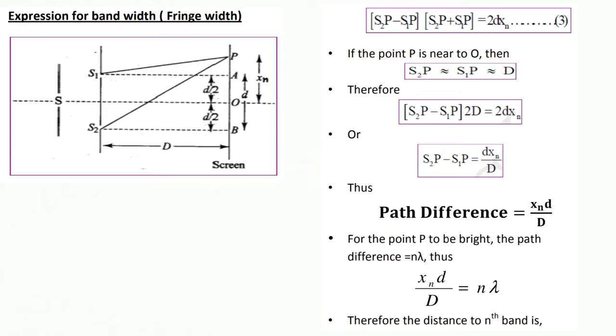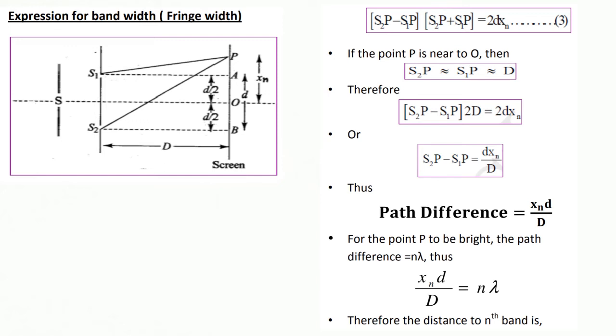The path difference equals Xn d divided by capital D. For the point P to be bright, the path difference equals n lambda.